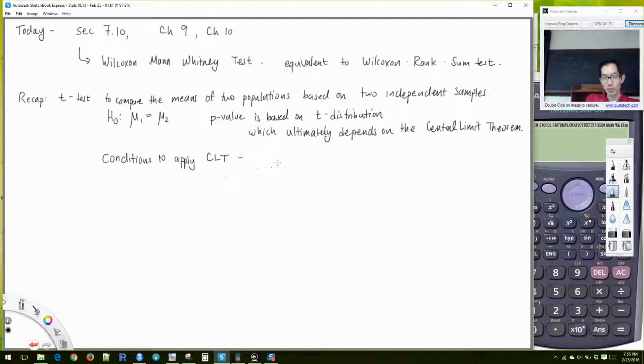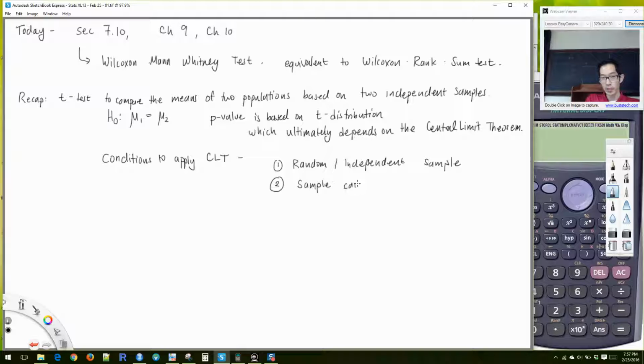So one is the sample must be random and independently obtained. Okay, and then number 2, the second part was the sample can't be too big.